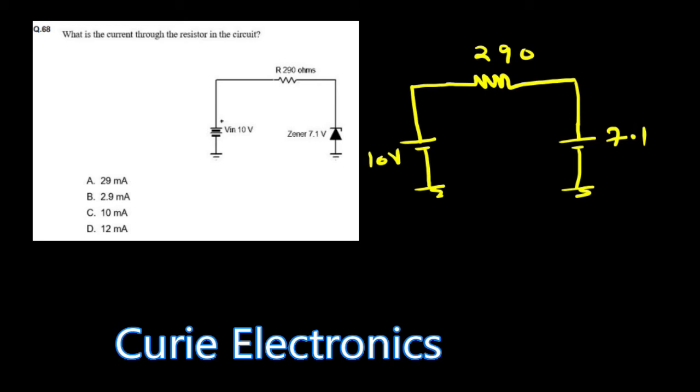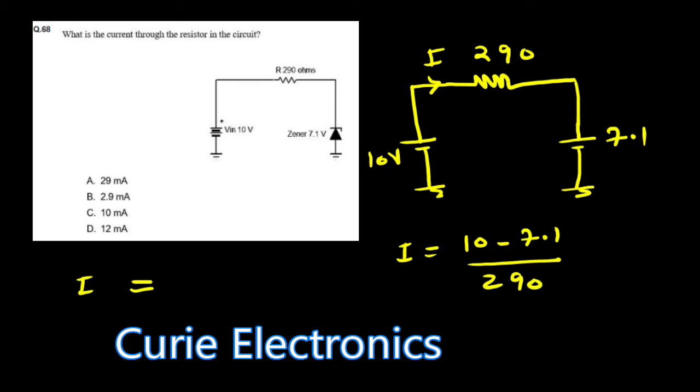So what is the current flowing through this? If I is the current flowing through this, then I equals V upon R. What is V here? 10 minus 7.1 upon R, 290 ohms, which equals 2.9 upon 290. Now how do you simplify this? Multiply numerator and denominator by 1000.